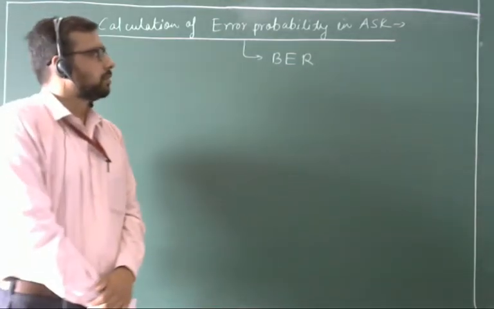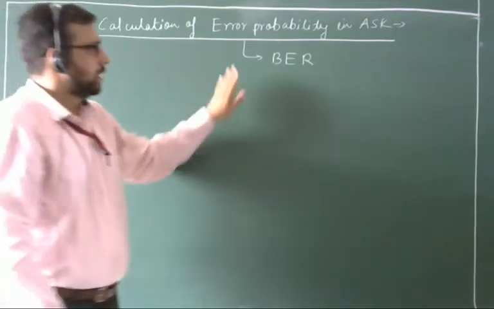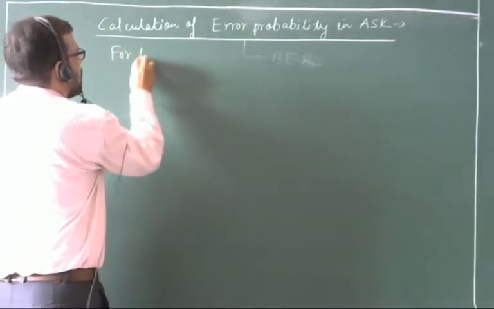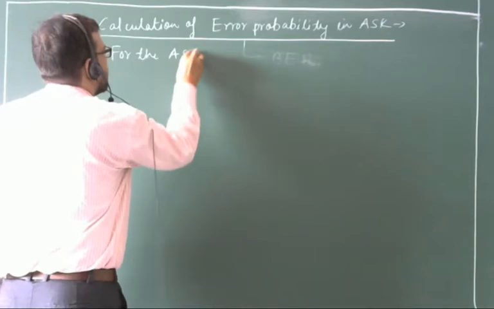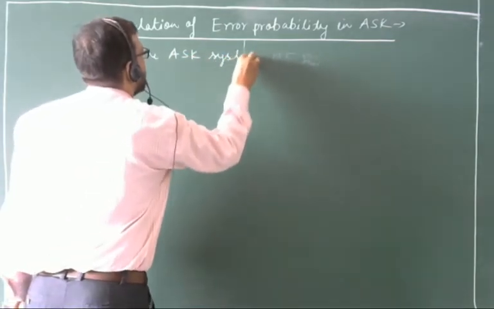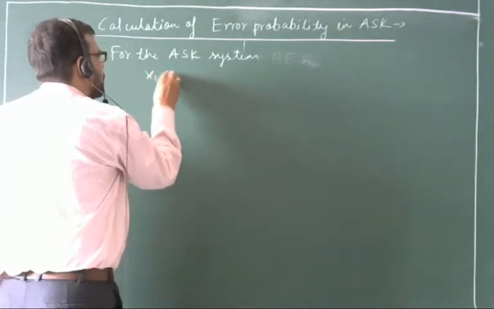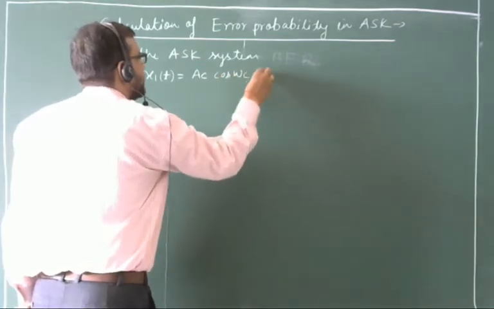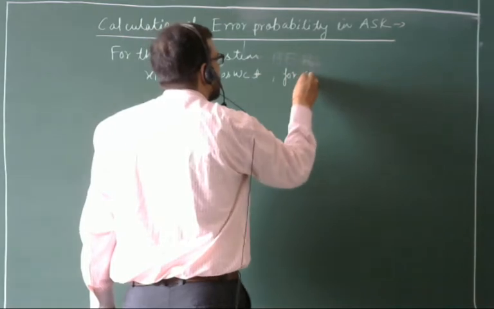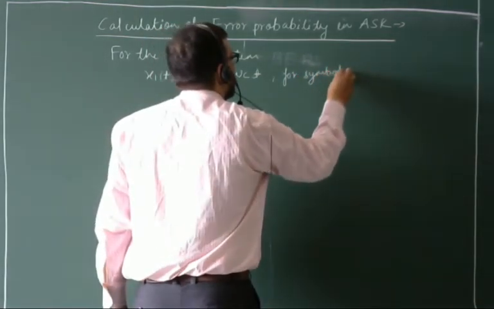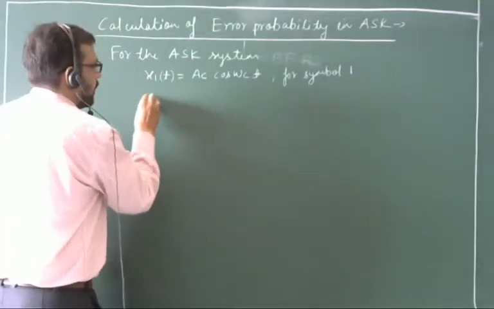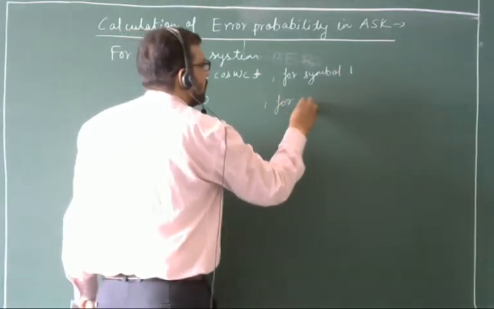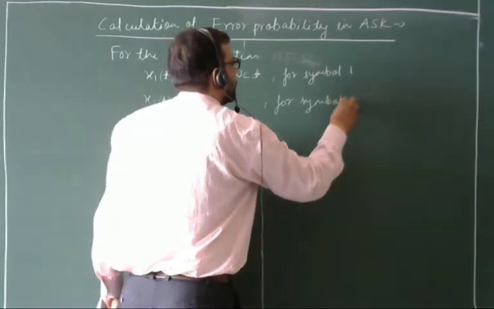So how can it be derived? Let us consider for the ASK system, x1(t) is equal to Ac cos omega c t for symbol 1, and x2(t) is equal to 0 for symbol 0.